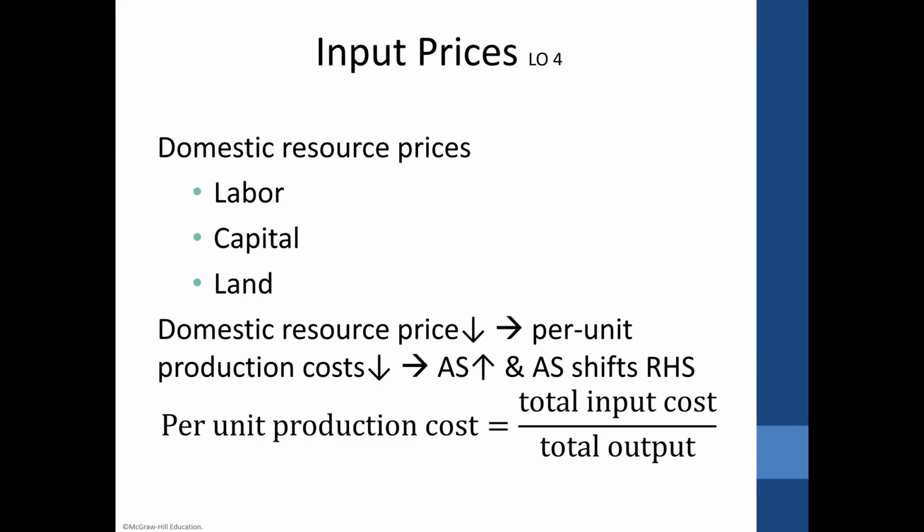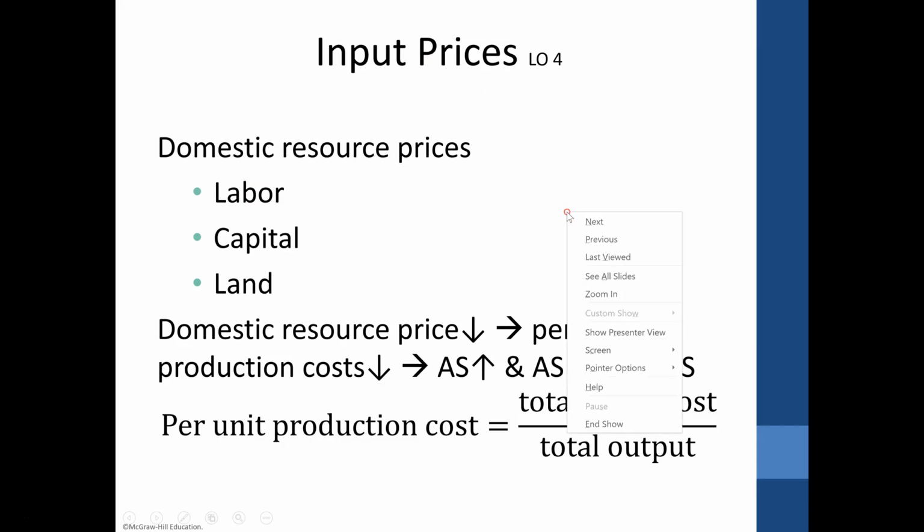Now let me give you an example of each one. For example, labor. How can we get cheap labor? If we have immigration, immigration will increase the labor supply. Whenever there's an increase in labor supply, let me go ahead and do a quick analysis for you.